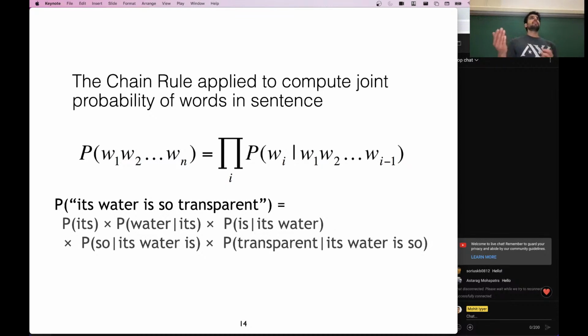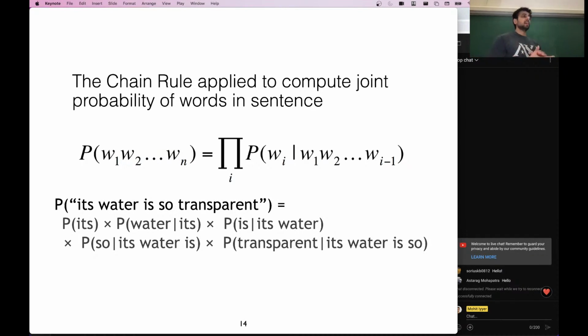We're not really going to have a good estimate of the probability of "transparent", right? Because we just haven't seen that many occurrences of this prefix before. And this is one of the limitations of this count-based approach that I'm describing right now, right? We just require seeing a lot of occurrences of a prefix in order to have a good estimate of the conditional distribution of the next word.